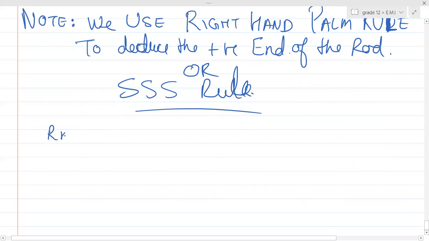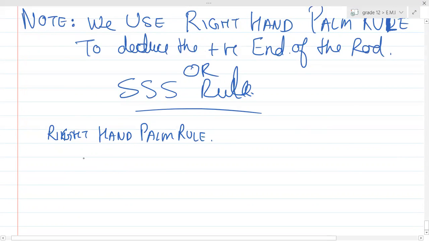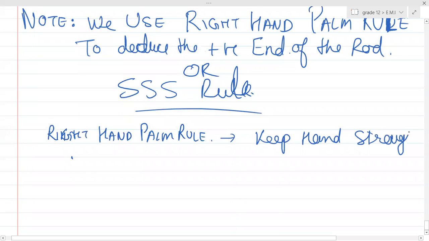See, what does right hand palm rule say? You don't need to curl your fingers, don't need to do anything with that. Keep the hand straight. I'm not writing the definition part and something like that.